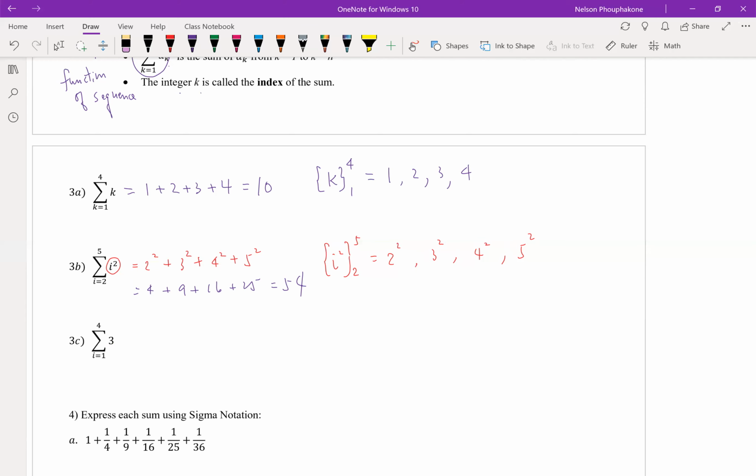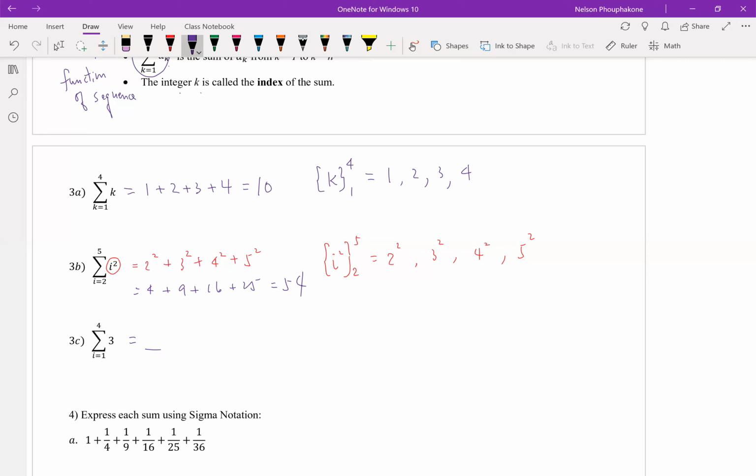Now, one thing about this is, when you look at the index, i is from 1 to 4. Oh, by the way, you see that for the index you could use k, you could use i. You could actually use any variable, okay? Now, if the index is from 1 to 4, it's telling me that I'm going to have 4 terms.